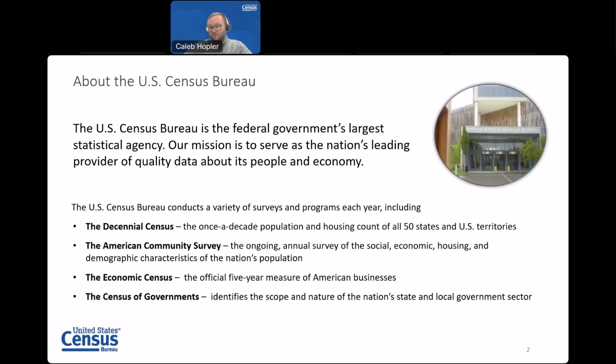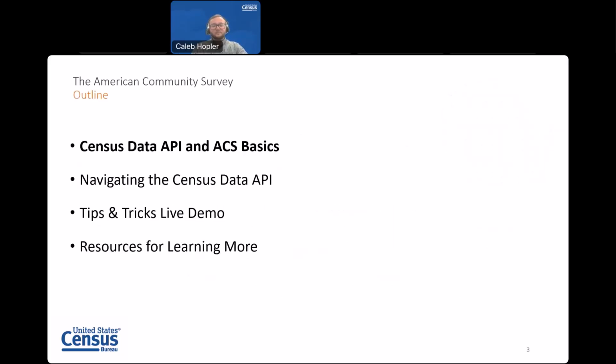While most people are familiar with the decennial census, we also conduct more than 130 censuses and surveys of households and businesses across the nation each year. This includes the American Community Survey and more than 30 other household surveys. There are also over 60 economic programs. Of these, the economic census is the largest and most comprehensive. There's also information on our nation's public sector provided by the Census of Governments.